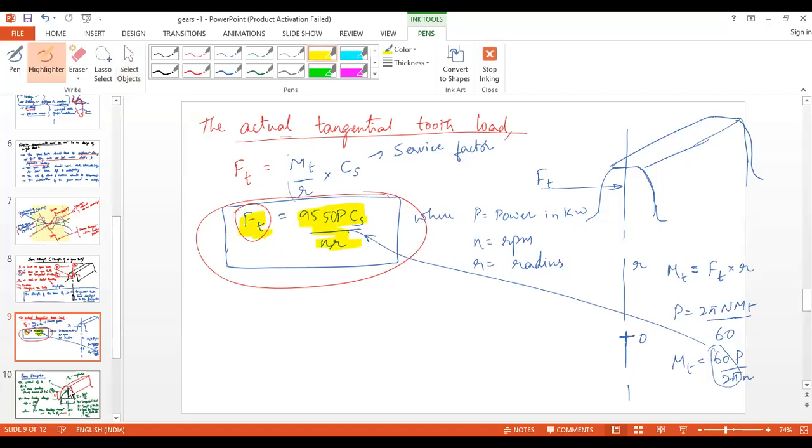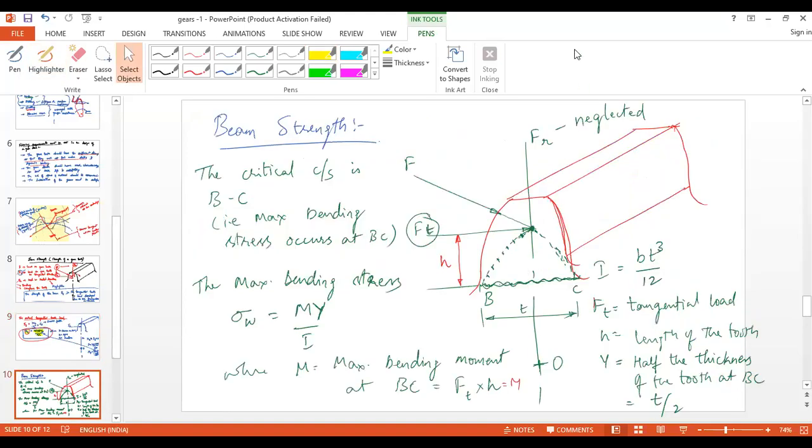And now we need to know the strength of the gear tooth. For that, we have resolved the applied load into two components, tangential and radial. The radial load creates compression on the gear tooth, which is very negligible, so we'll neglect that and consider the tangential tooth load, which creates the bending of the beam. The maximum bending stress is given by sigma W equal to My by I, where M is the maximum bending moment, which always occurs at the fixed point.